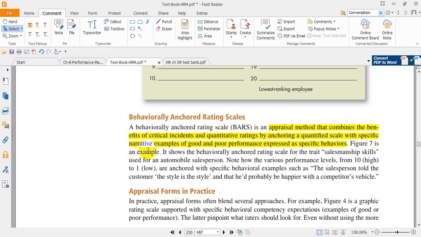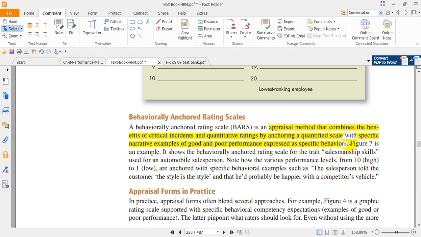Figure 7 is an example. It shows the behaviorally anchored rating scale for the trait salesmanship skill used for an automobile salesperson. Note how the various performance levels go from 10 as high to 1 as low.